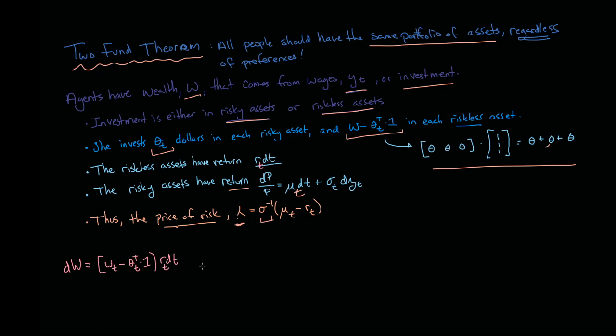We don't need to assume that it's always the same. And then they also get money from holding risky assets. So that's theta_t times the amount they get from that, mu_t dt plus sigma_t dZ_t. Plus they have their wages, and they lose as much as they consume, and that's also over time. So that should be the total wealth of the agent.